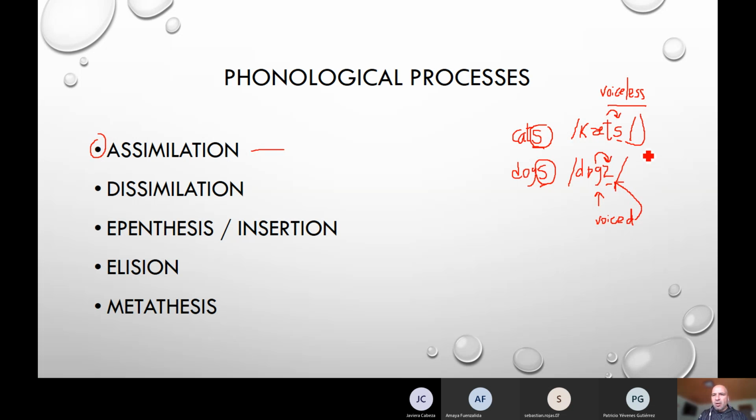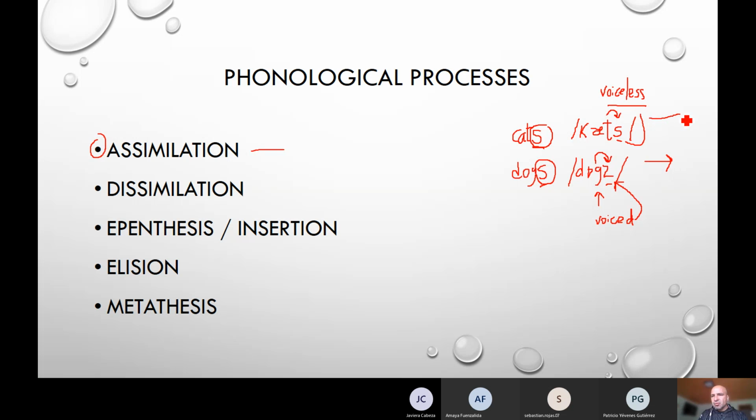So here we also have an example of a process of assimilation in which the previous sound, t, is affecting the following one. So in this case, we have a case of assimilation that goes from left to right.